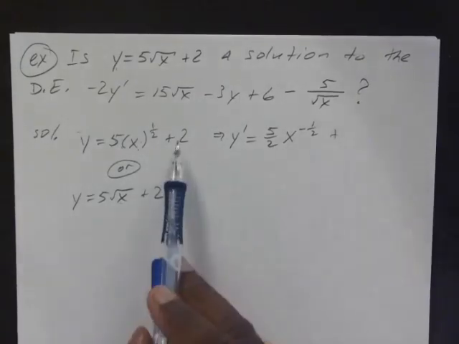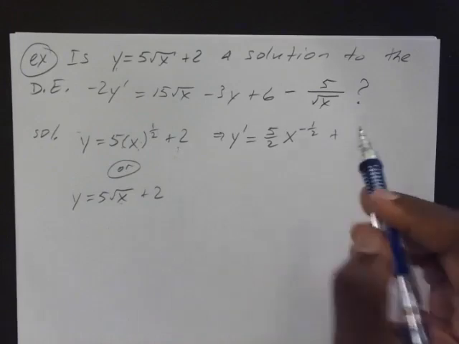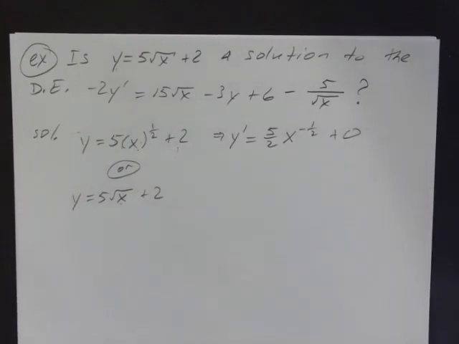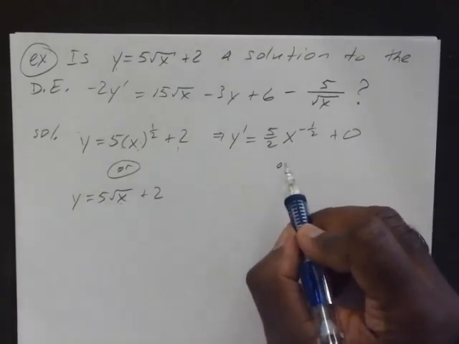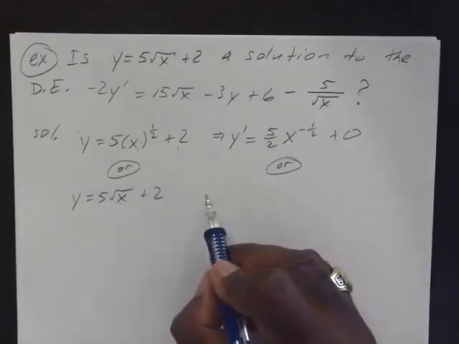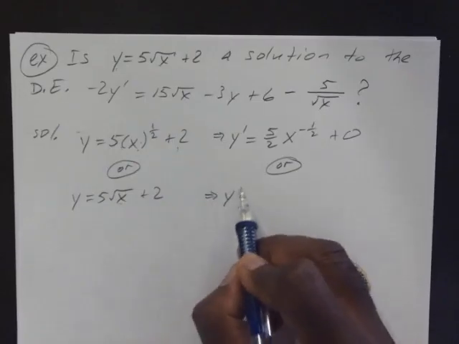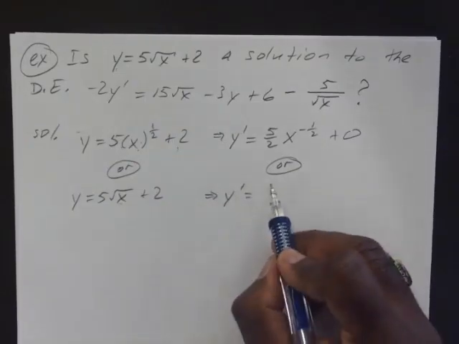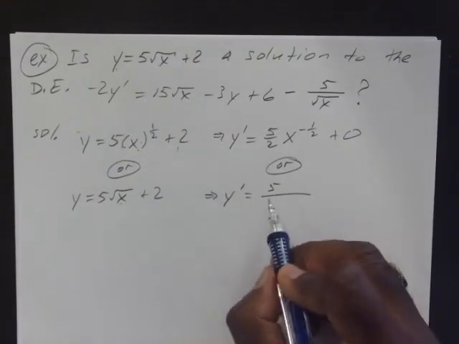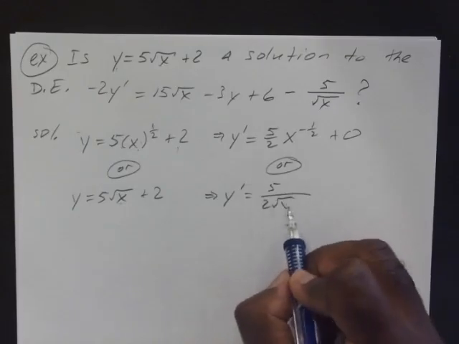Plus the derivative of 2, which is 0. So you can say plus 0 or just leave it blank. Or you can rewrite it as y prime is equal to 5 over 2 times the square root of x.